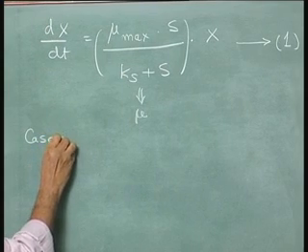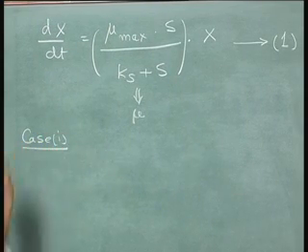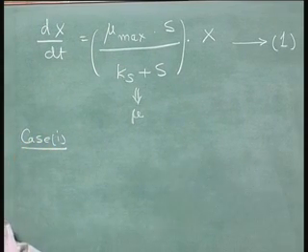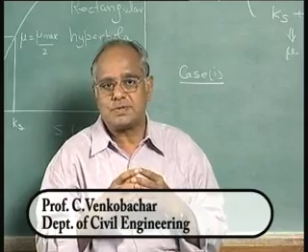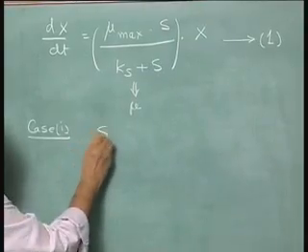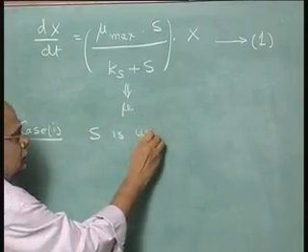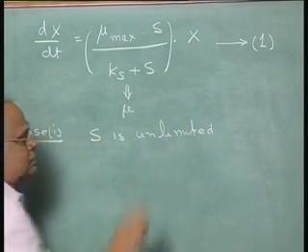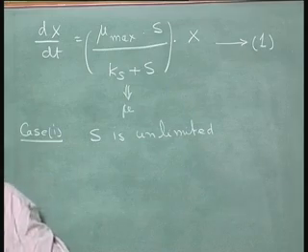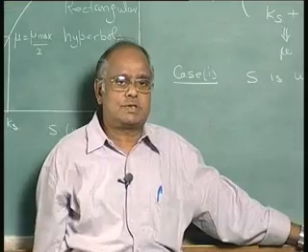Case number 1: I consider unlimited concentration of substrate. So, S is unlimited, that is, I have a very high concentration of substrate available to the microorganisms.